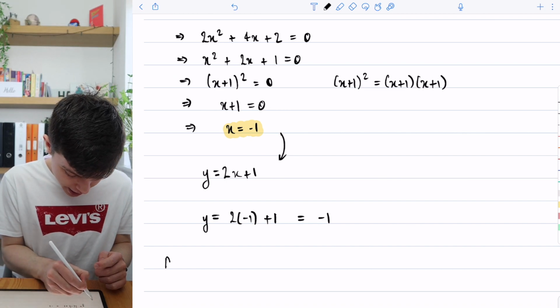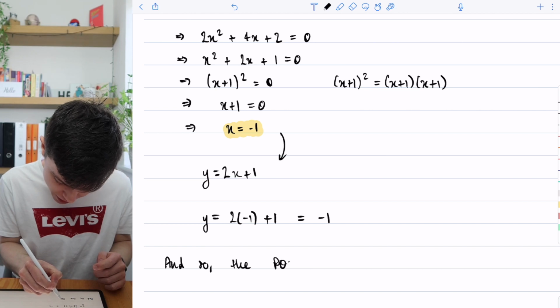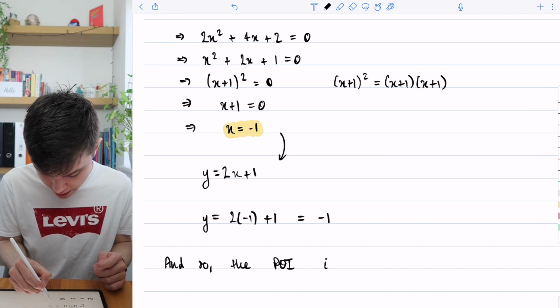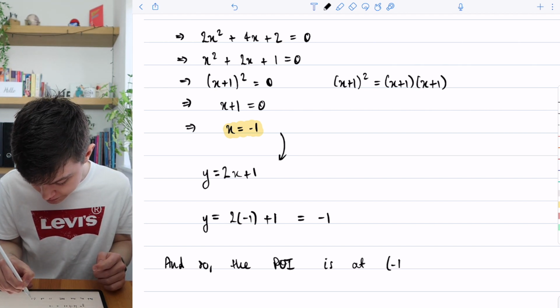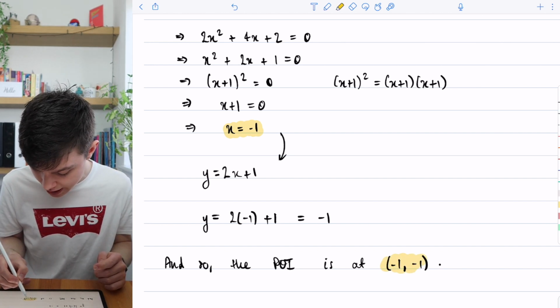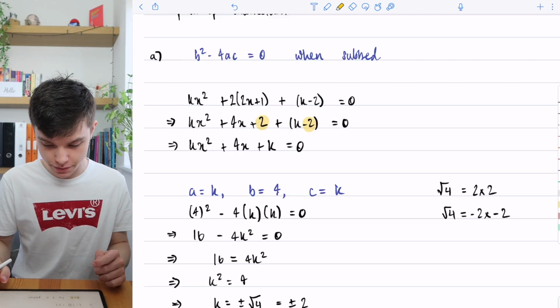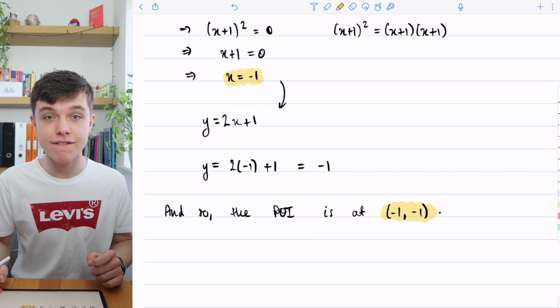And so the POI, which stands for point of intersection, is at x minus 1 and y minus 1. And I'm going to leave it as a coordinate here, because it asks us for the coordinate, okay? So that is my final answer.